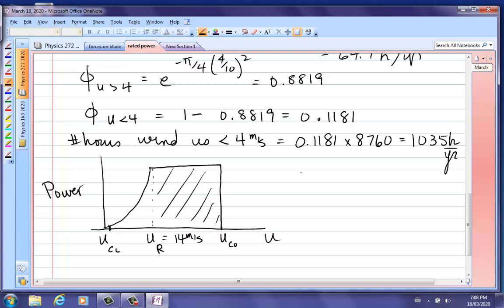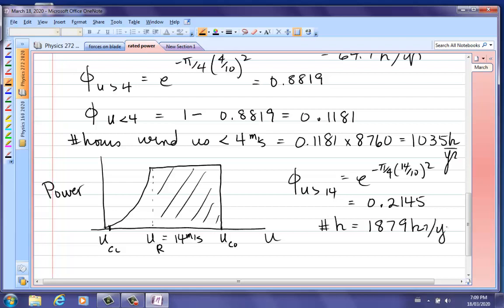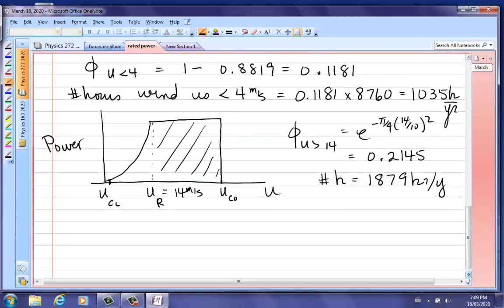So we need to know what's the probability that the wind speed is greater than 14. So we just pop that into the formula, pi over 4, 14 over 10 squared, and we find that that's about 21% of the time, so 0.2145. And so the number of hours that it's greater than 14 is multiplied by 8760, and you get 1,879 hours per year that the wind is greater than 14. Now remember, we have to subtract those few hours where it's too windy, where it's greater than 25.